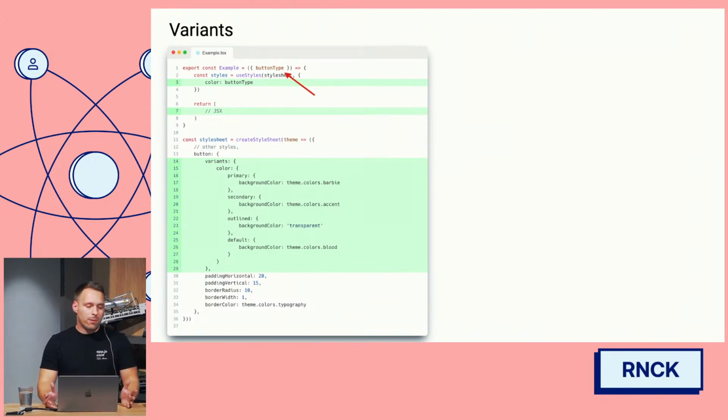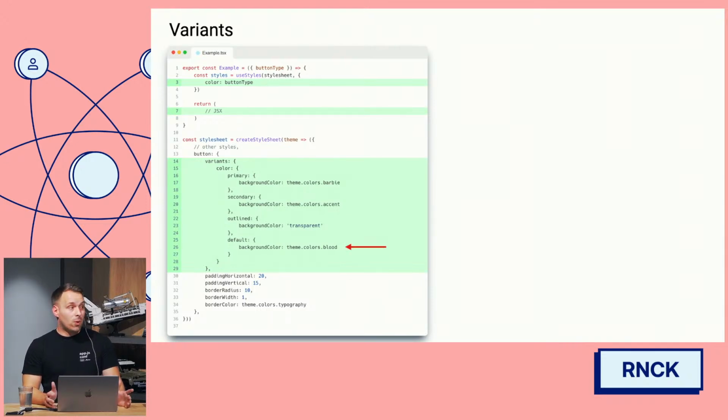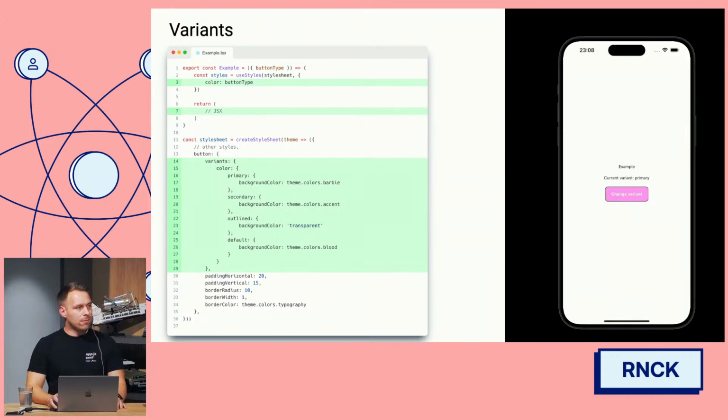Later, you can, for example, inject some kind of prop to a React component and pass it to the Unistyles hook, and it will automatically select your variant. If you don't pass anything, you can also define a default variant. So how does it work? You can build your components like typography, buttons, and so on.